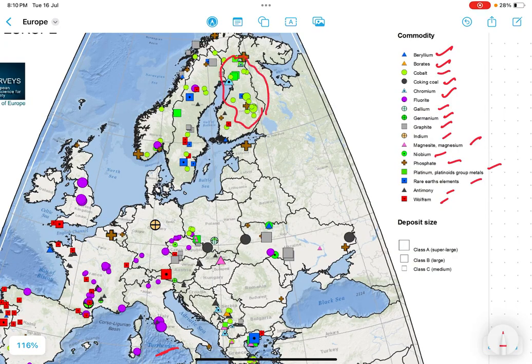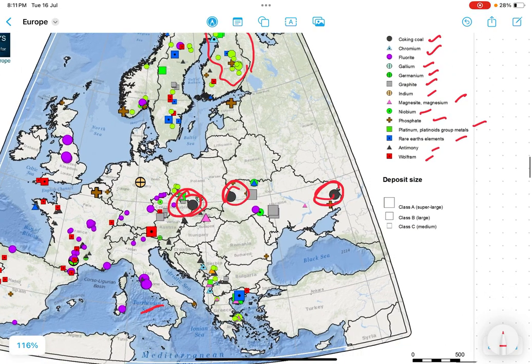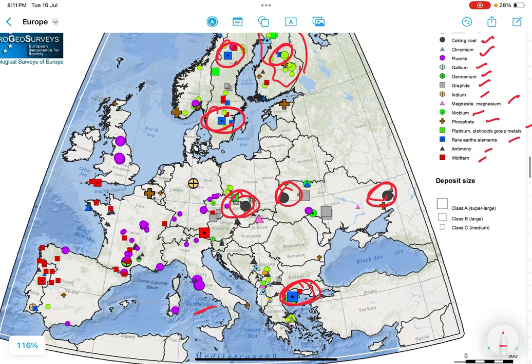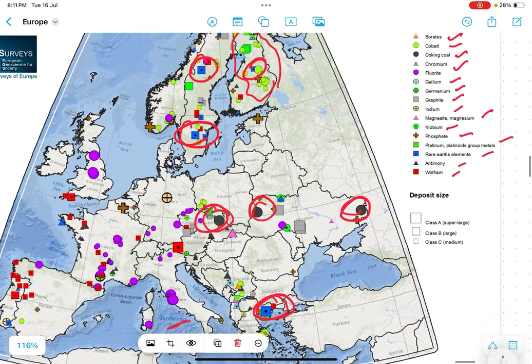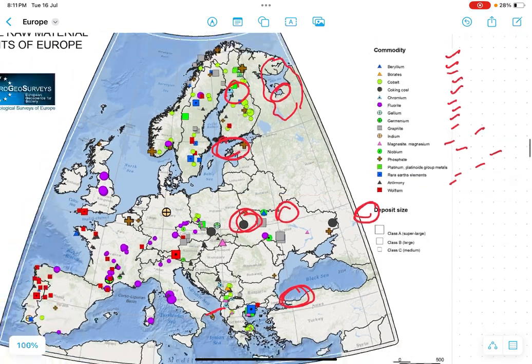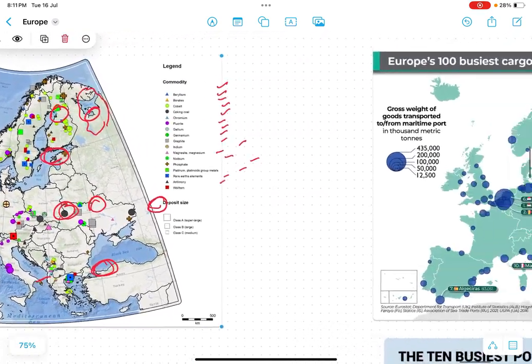We get the cobalt here. These are coking coal regions. You can see which countries. Rare earth elements are right here. We have chromium also and other products in Europe.